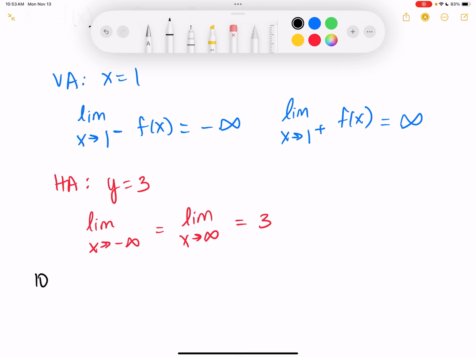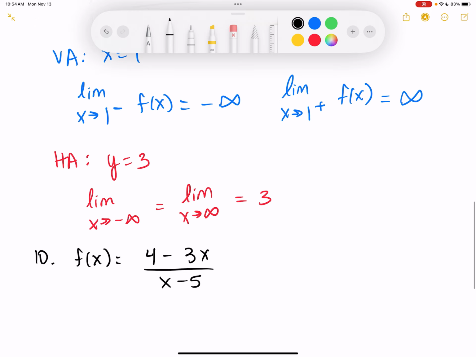So another one, number 10. We've got f of x is equal to 4 minus 3x over x minus 5. Now, this one has a vertical asymptote where? At x equals 5. And I'll do the limits of that in a second.